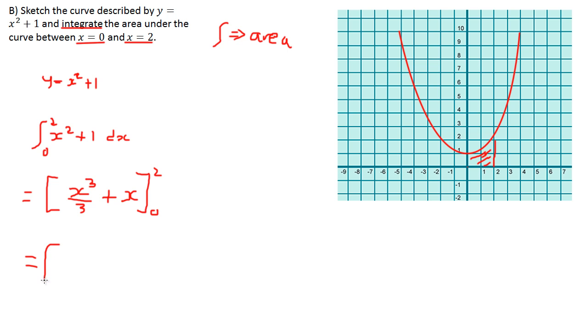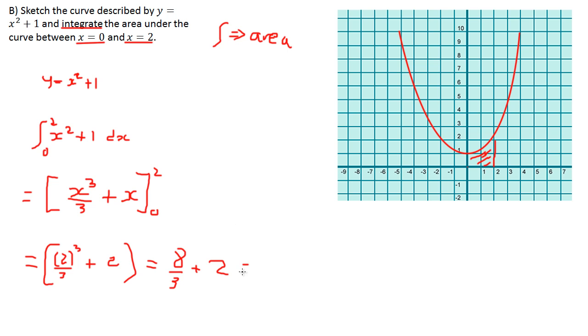So this basically means that the final answer will be 2 to the power of 3 over 3 plus 2. This will be our answer. So 2 to the power of 3 is 8. So that will be 8 over 3 plus 2. Now this is not the final answer. We've got to simplify this further.